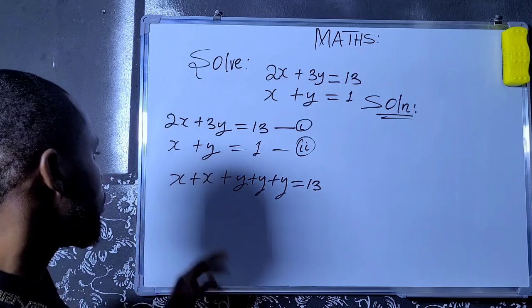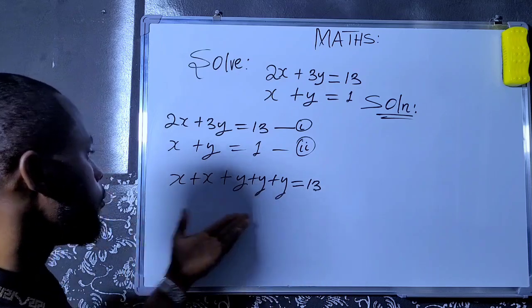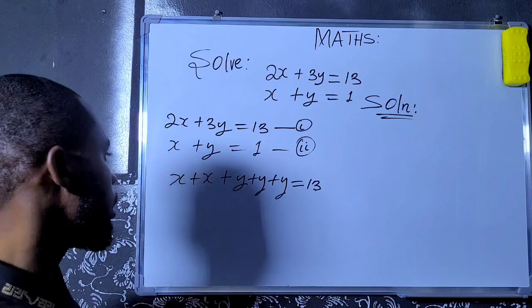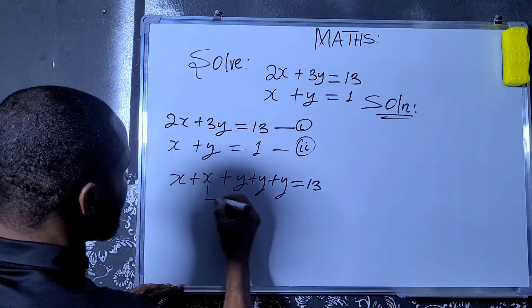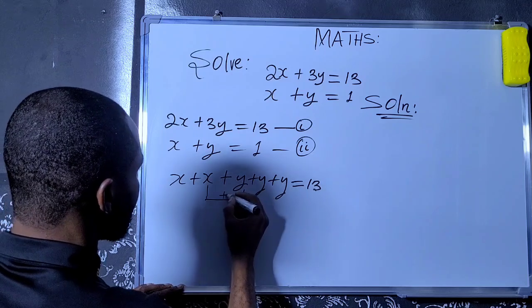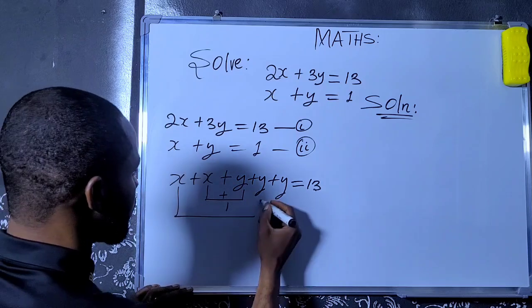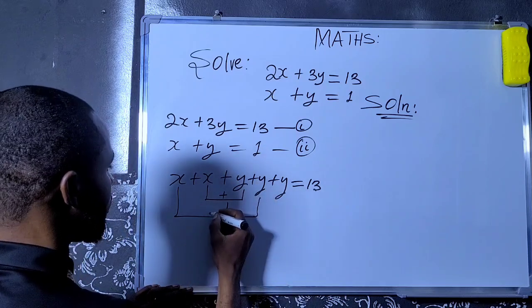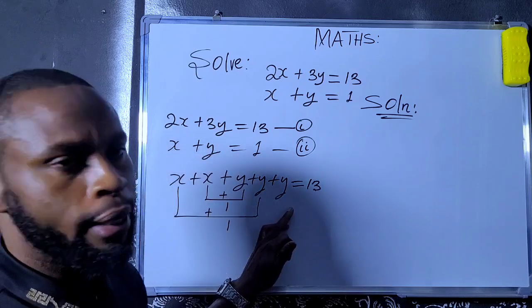Then in that note, we are going to pair x and y in this equation here. Now, we are going to have here that x plus y equals 1. Also, we have x plus y equals 1, and we're left with y.